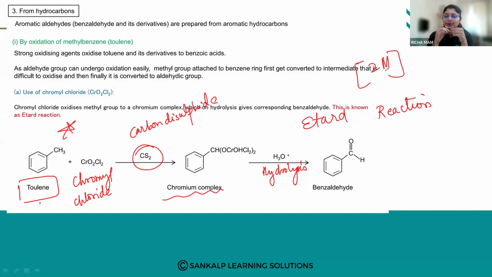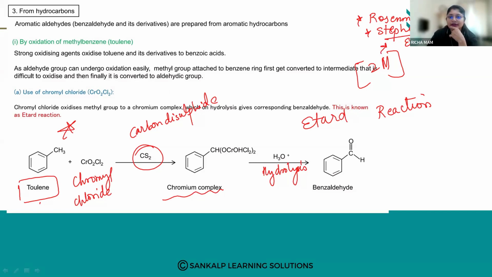Got it? Important. Which name reactions do you have to practice? Rosenmund reduction, Stephen, and Etard. All these name reactions you have to practice today. How will you practice?